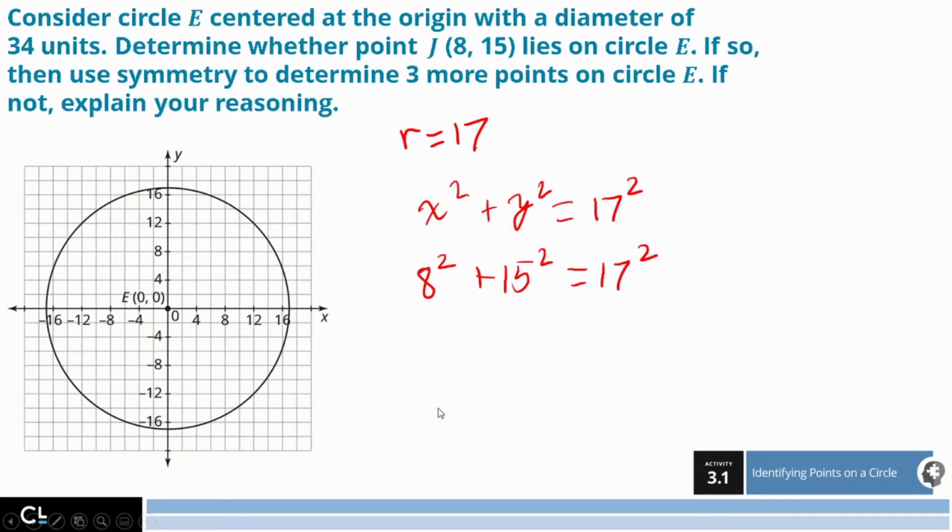Now these are bigger numbers. I'm going to need a little bit of a calculator here. So we get 8 squared is going to be 64. I knew that one. I don't know why I plugged it into a calculator, but it never hurts. Plus 15 squared is 225. I know that one. I don't know what 17 squared is, I'm not going to lie. 17 squared is 289.